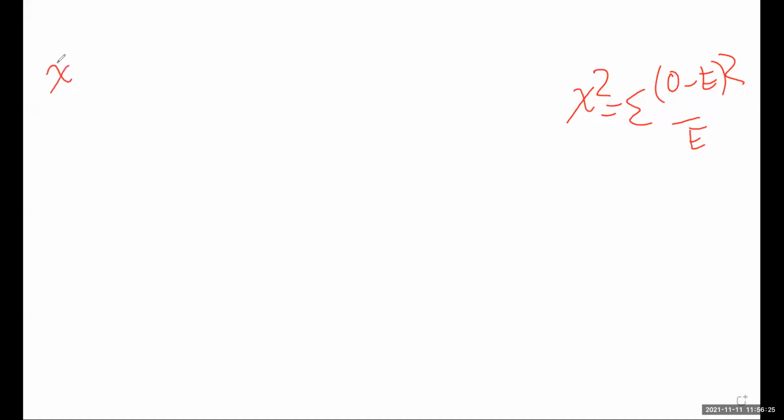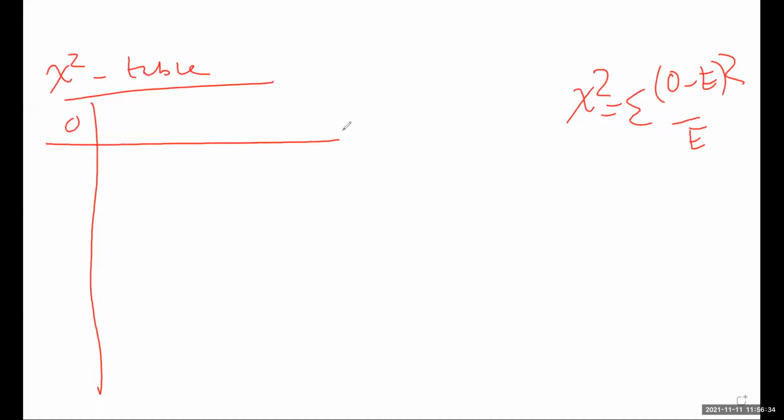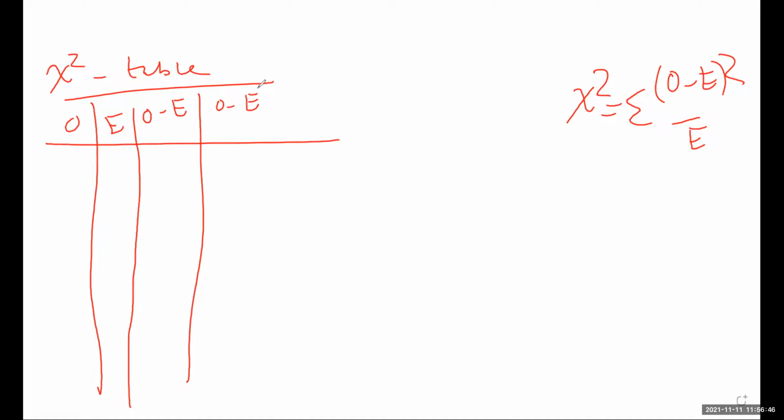The second table is called the chi-square table. In this table, you put all O values in one single column. Alongside, you write the respective E values. Then you find O minus E, then O minus E square, then E square by E.